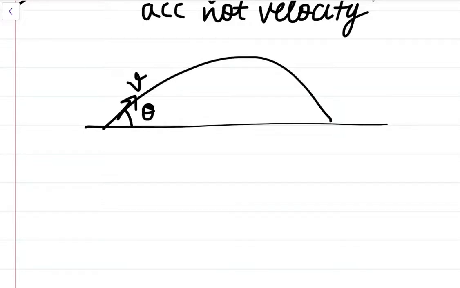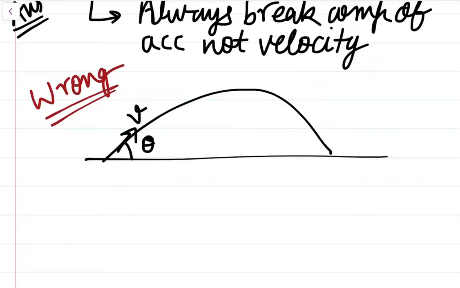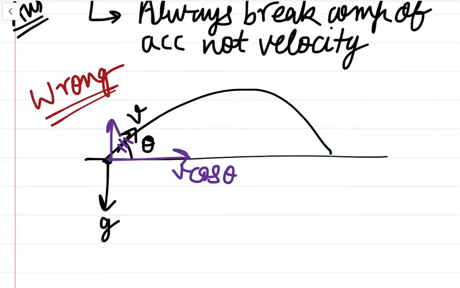Okay, so first let me show the wrong case. What will a person do? He will see that the downward acceleration is g at this moment, and he will break the components of the velocity. So here it will be v cos theta, and perpendicular to the ground it will be v sin theta.